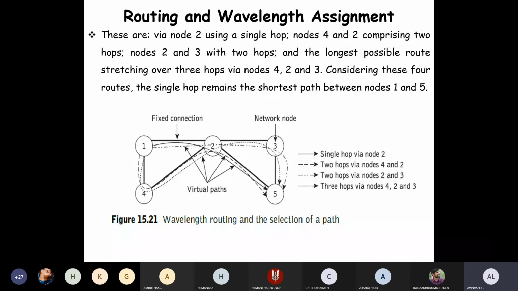Suppose 3 is not available, then we can go from 1 to 2, and 2 to 5 is fine. Suppose 2 is busy, then 1 will go via 4, and once 2 is free, it comes to 2. Like that we can make it work. That is called routing and wavelength assignment.